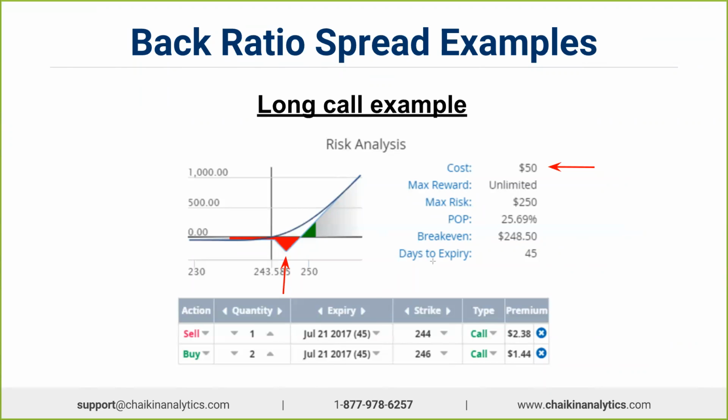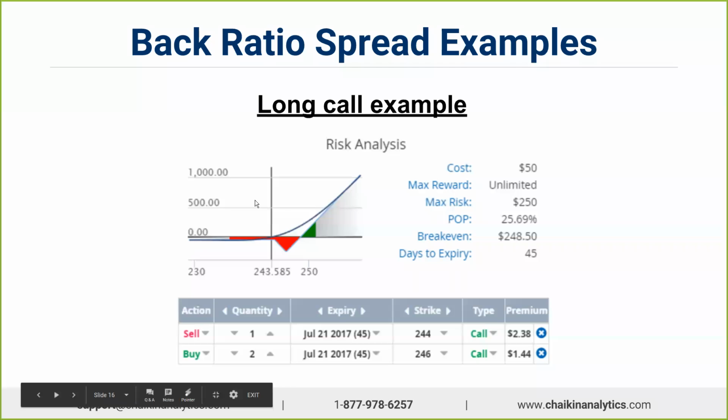If you're doing this for a longer play, then you might want to go farther out, maybe 60 days. So this is a call example where we're short one near or at the money, and then we buy two out of the money. Fixed risk, one direction, very small, and good unlimited reward.